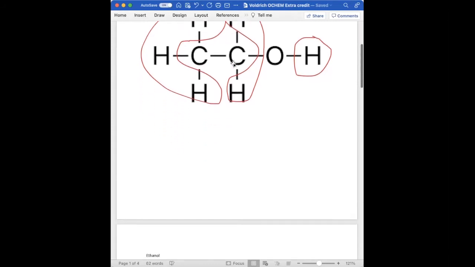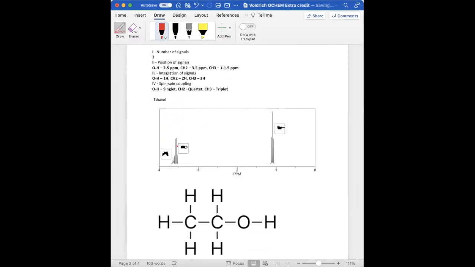So as we can see from the NMR of ethanol, we can see 1 signal, 2 signals, and 3 signals in total. Now, the position of these signals are: 1 is at around 3.7, 1 is at around 3.6, and 1 is around 1 ppm.